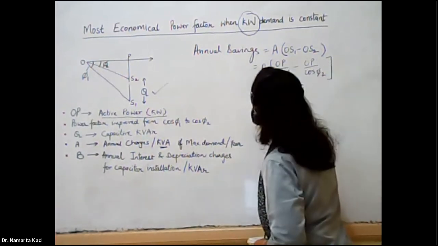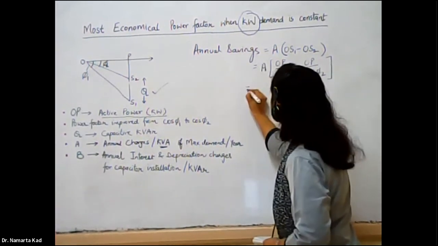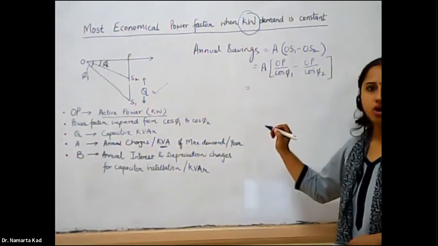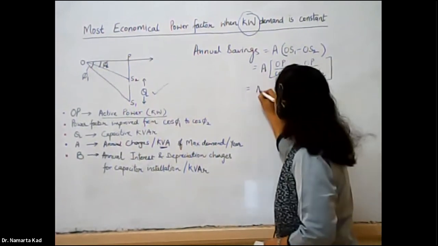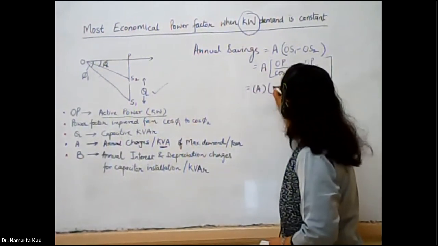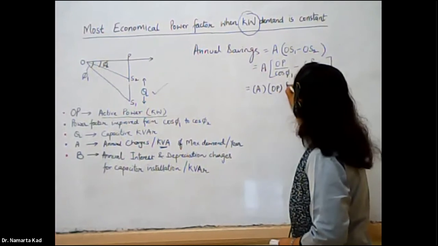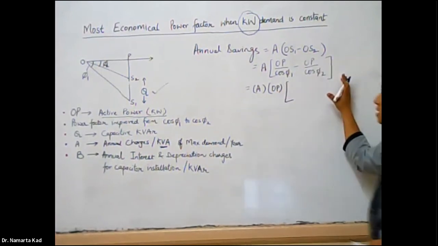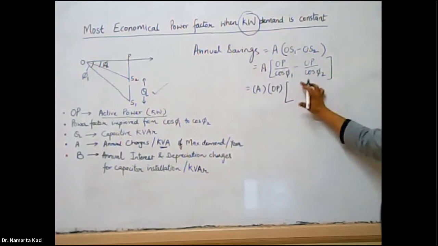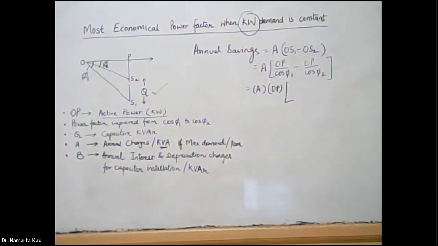Okay, now take OP common out, so it comes out to be A into OP, and in the bracket it is 1 upon cos of phi 1, and what is 1 upon cos of phi 1? It is secant phi 1.